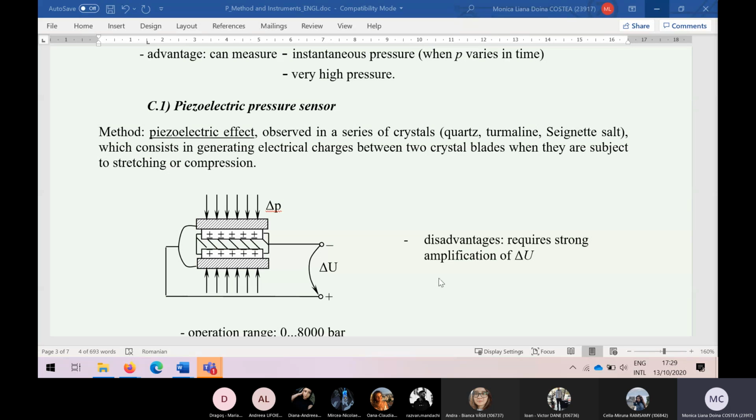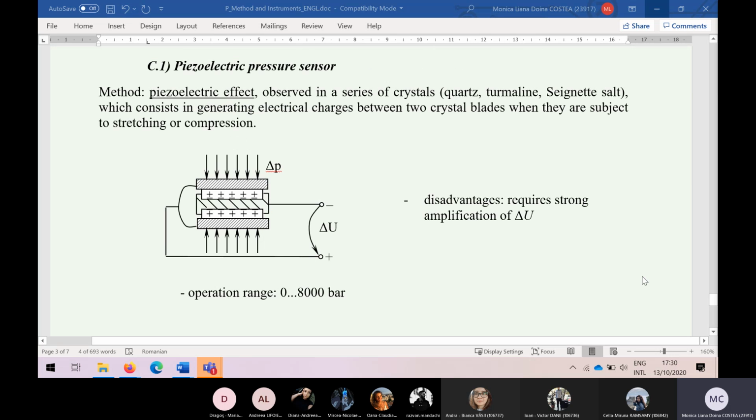The main disadvantage is that this answer of the apparatus is very small and needs amplification, but this can be done. So this is what is behind these digital instruments, which are actually only a black box with a screen where you see the values, nothing else.